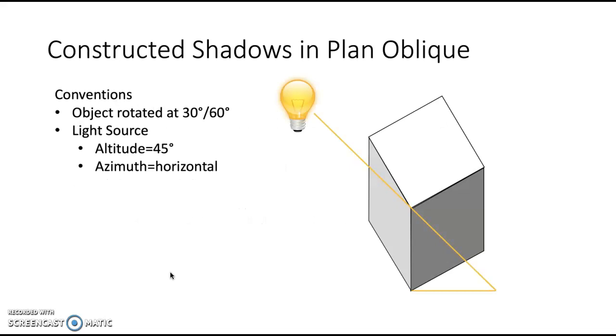We're going to look at how to construct shadows in plan oblique using our standard cube. These have specific conventions. So the cube is now rotated at our 30-60 degree angle that we have been using in our plan obliques. When we do this, we still assume our altitude is at 45 degrees, but our azimuth will be drawn as horizontal.